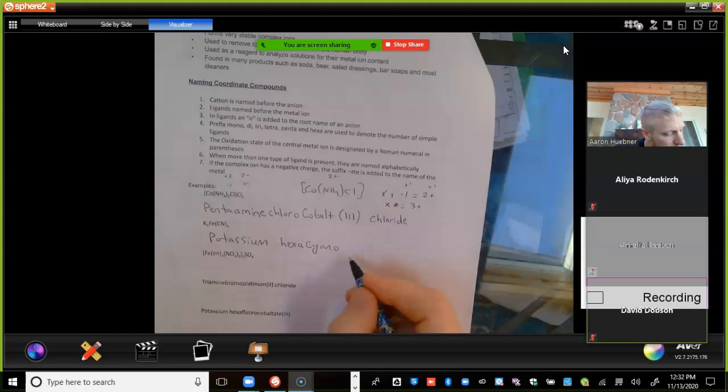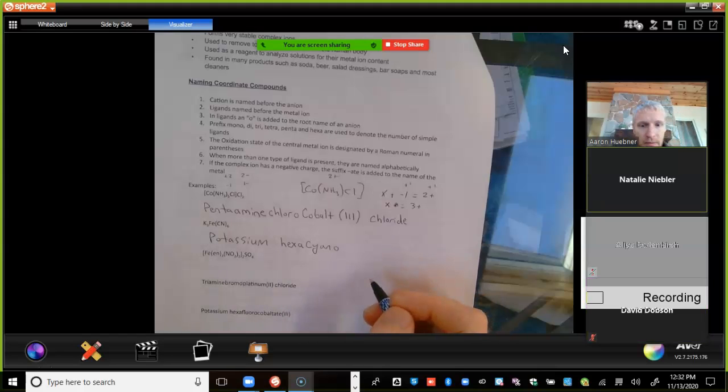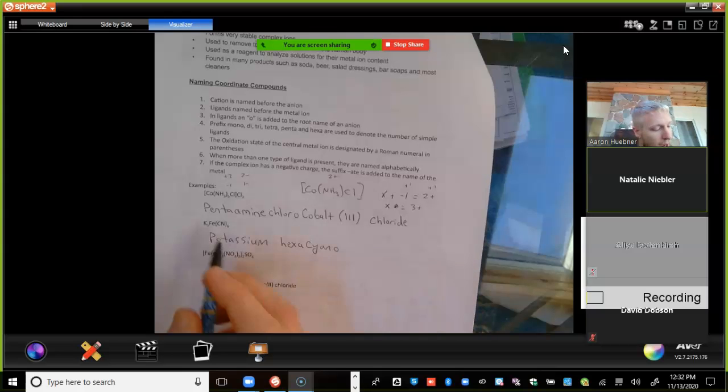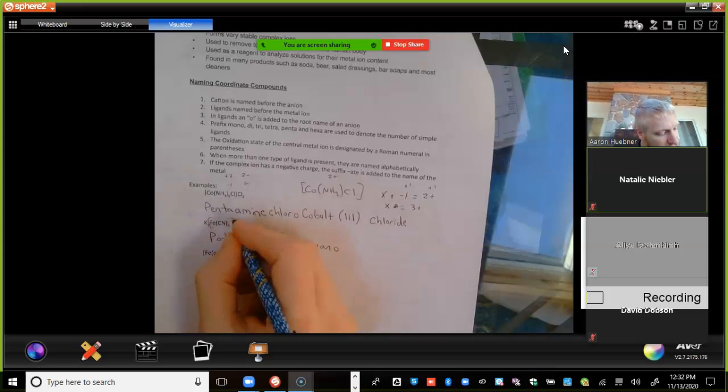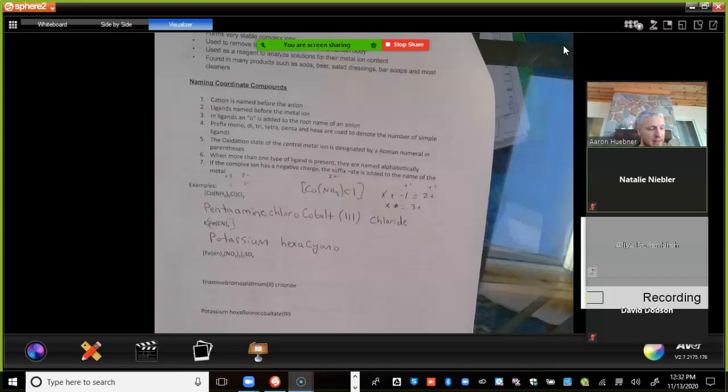Why don't you have to put the prefix in front of potassium? Because it's a cation not involved in the complex ion. So technically your complex ion is just this. So potassium is just like chloride was in the previous problem.